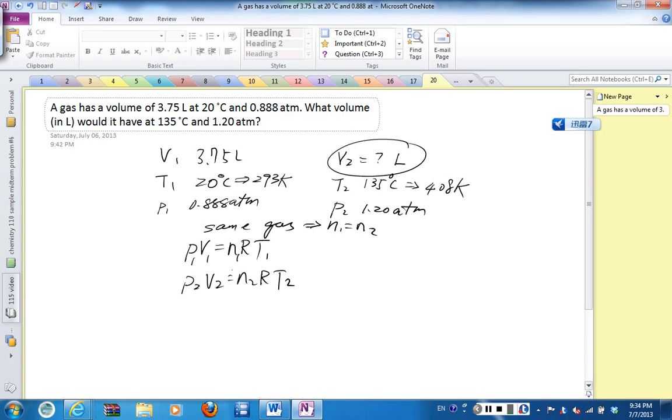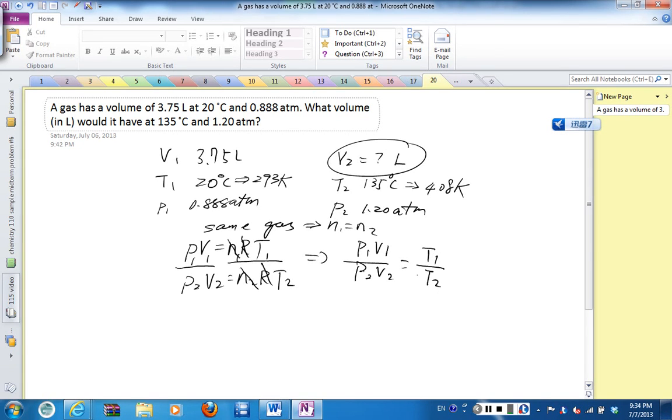And okay, if I divide the two equations, left side by left side, right side by right side, this equation still stands, and n1 and n2 are now on top and bottom, which means since they're the same, we can cancel. R is a constant. It's always the same, so R is gone. So now this equation turns into P1 V1 over P2 V2 equals T1 over T2.